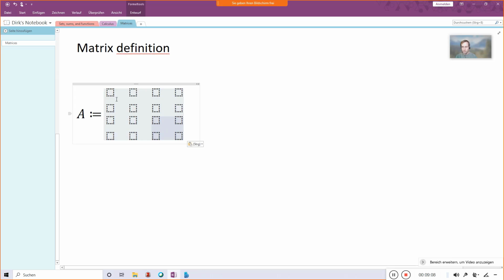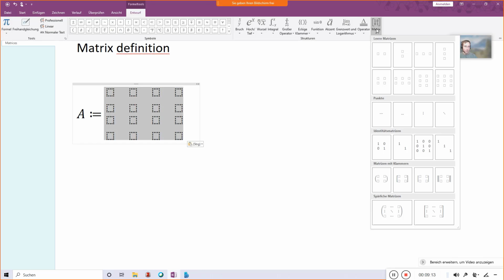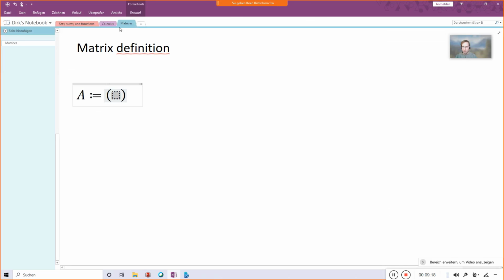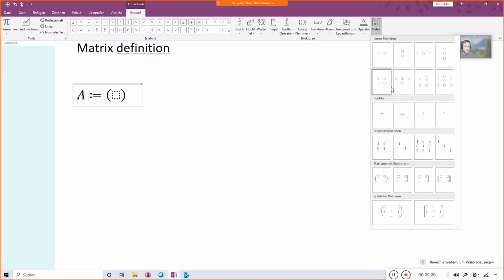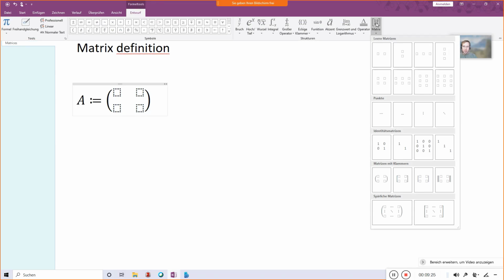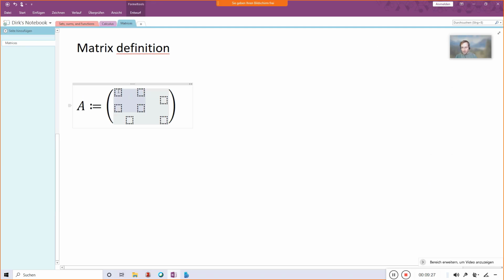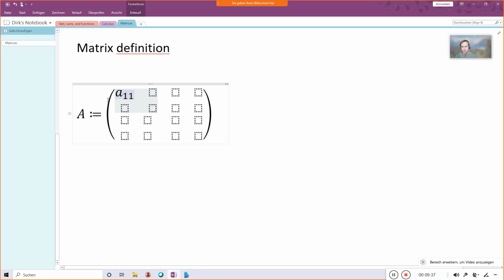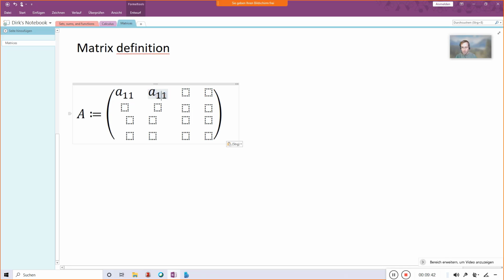So A is a matrix, and then A has elements, and these elements are usually written with lowercase Roman letters and are indexed. So a general matrix looks as follows.